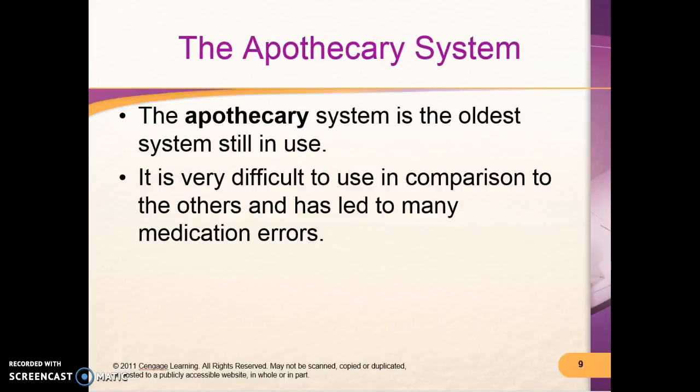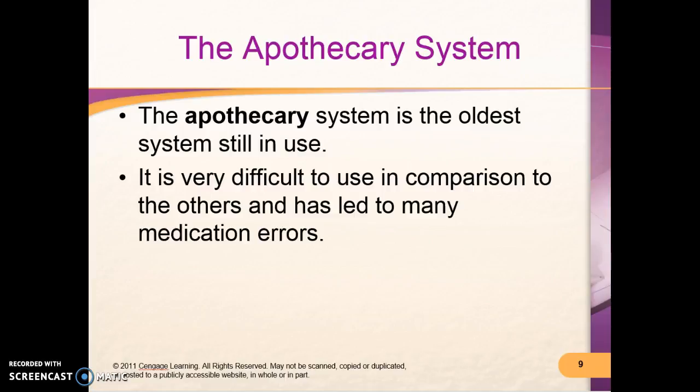The other system that is mentioned here is the apothecary system. The apothecary system is a very, very old system of measurement. It is still used today, but we're not able to do a lot of easy conversions between this system and the other 2, so between the household and the metric system.